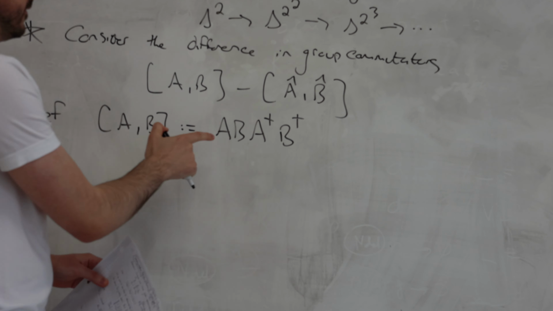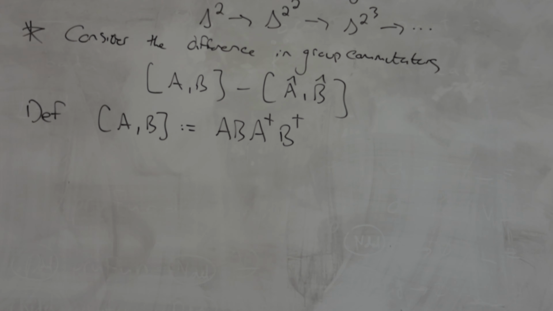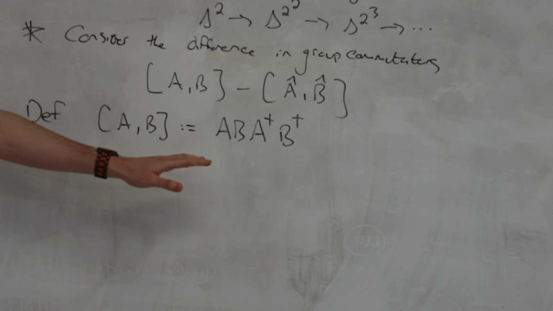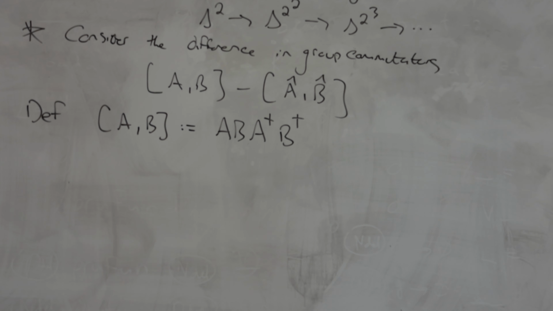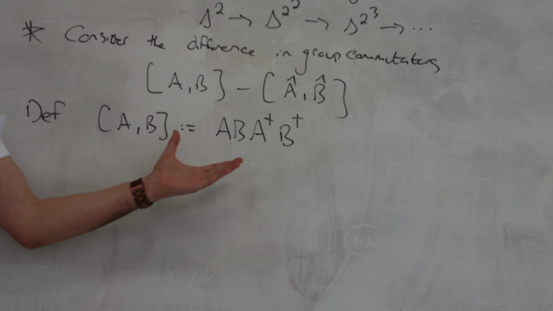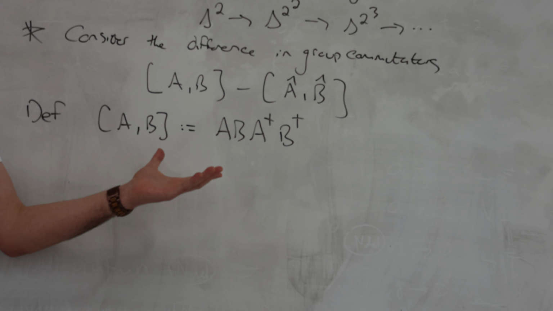And then I'll have B times B dagger, which is identity. Okay? So in the case that they commute, this is identity. So it's a group commutator. We're considering the product of matrix multiplication, and the unit element for that, the identity element, is the identity matrix. Okay? So it's again a measure of how far two operators are from commuting.